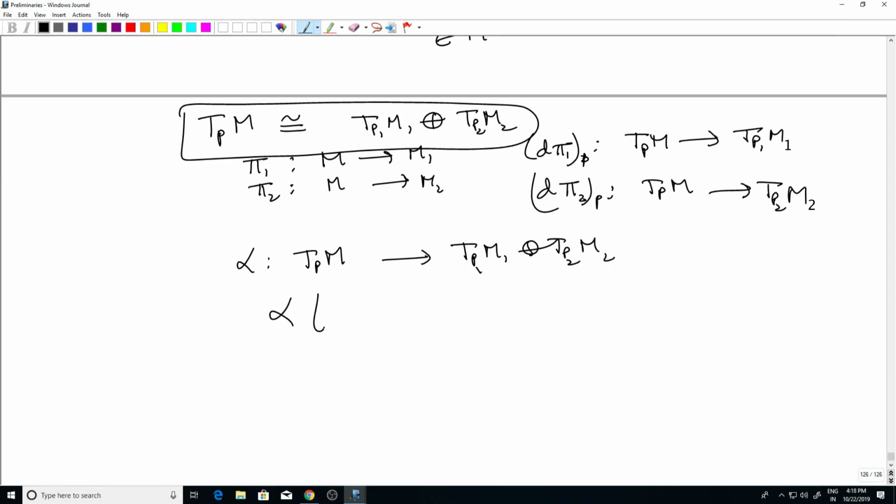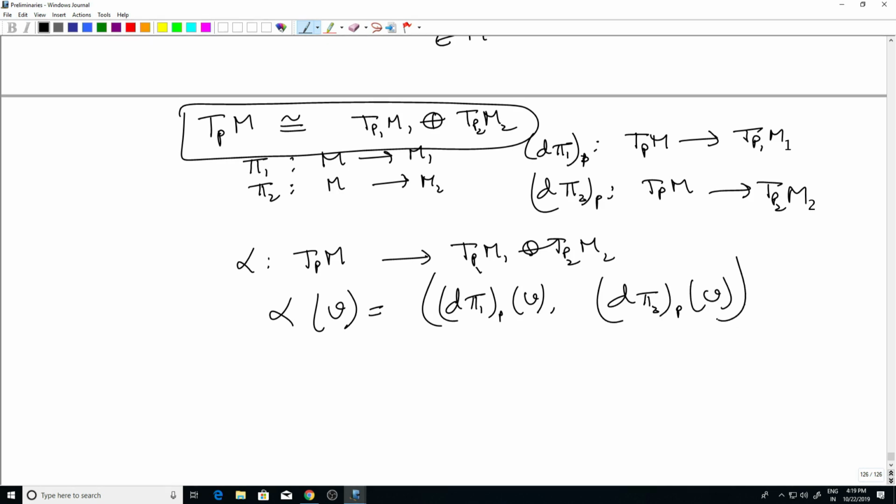Alpha of a vector V is (d pi1 at P of V, d pi2 at P of V). The claim is that this is an isomorphism, and this is quite easy to see.